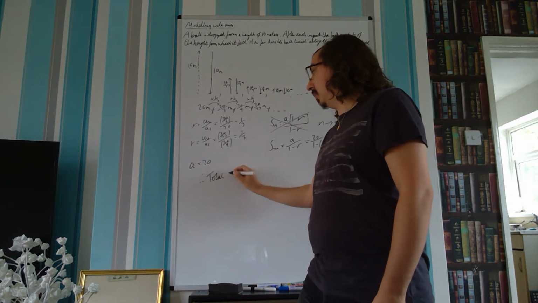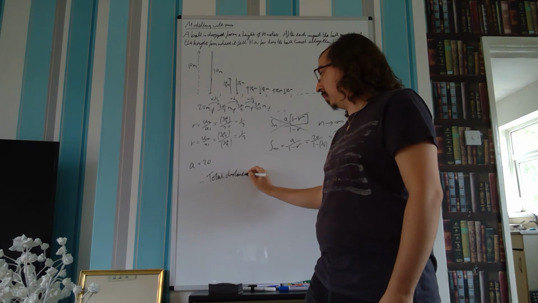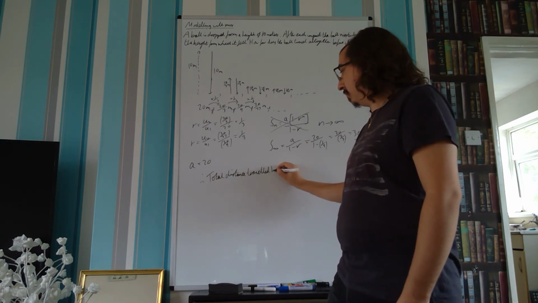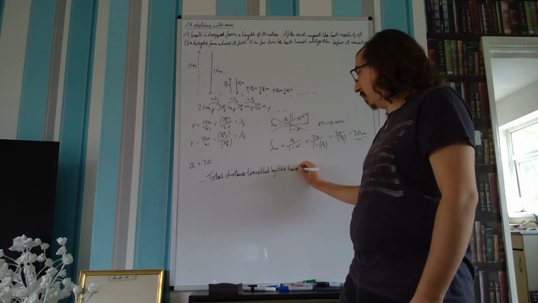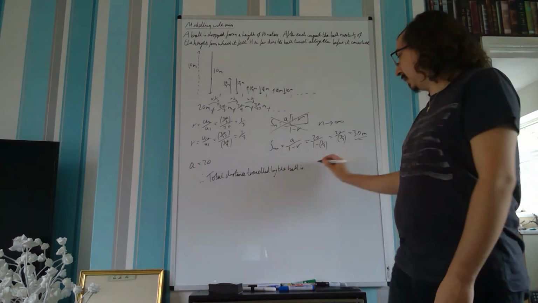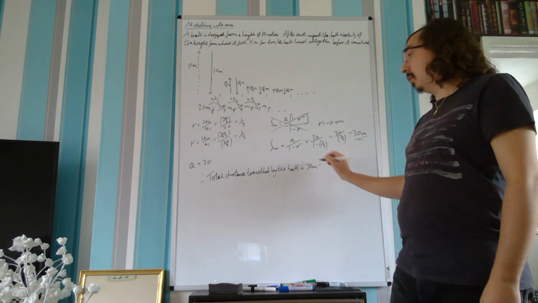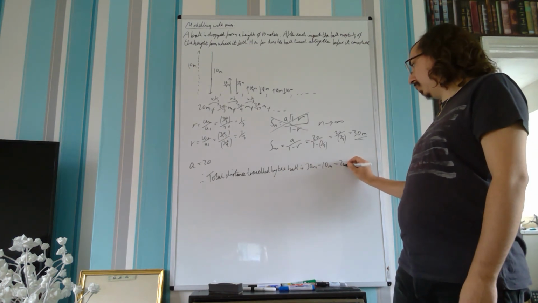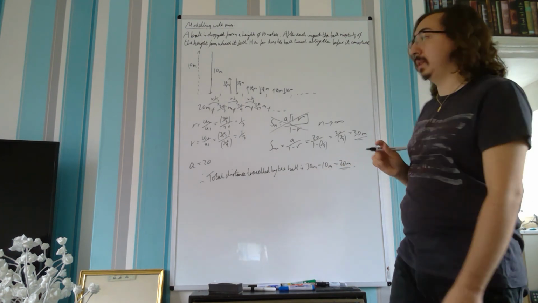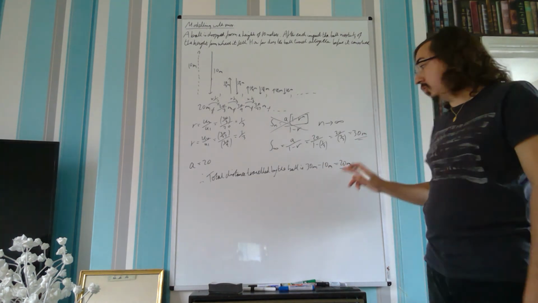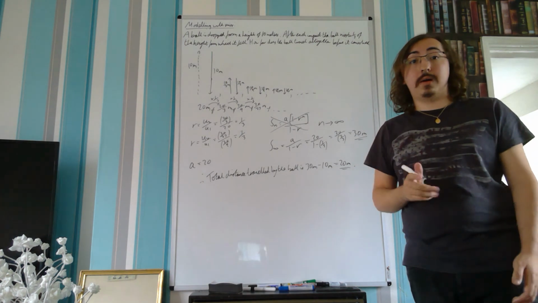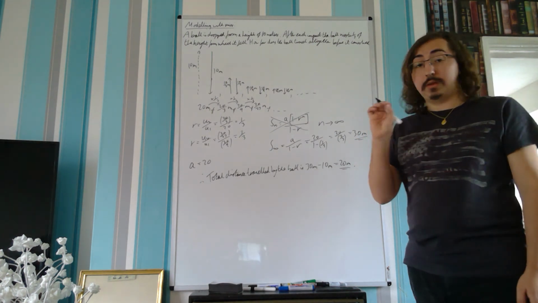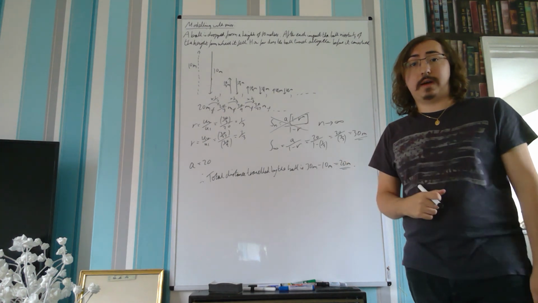So the total distance travelled by the ball is, we take our 30 metres, we subtract that original 10 metres to get us to 20 metres. Okay, don't forget, if you've added a part to make this into a geometric series, that you need to take that into account in your final solution.